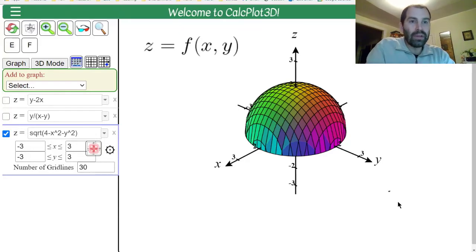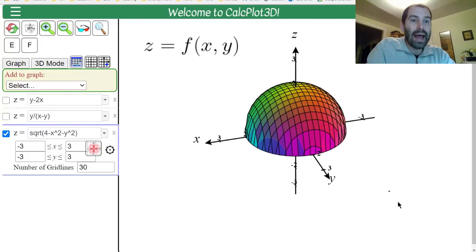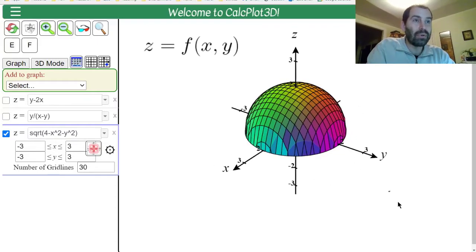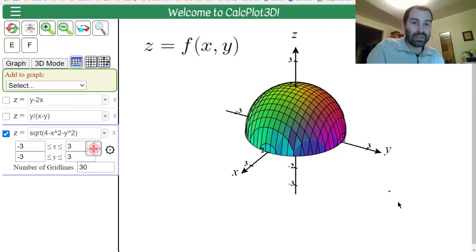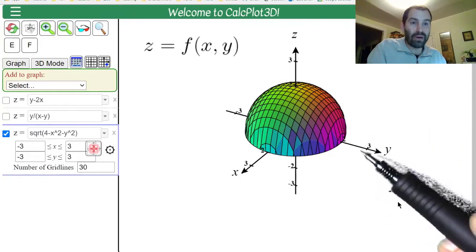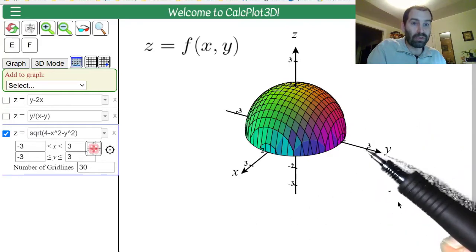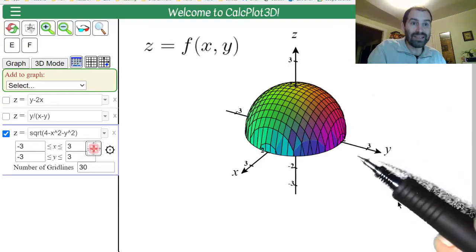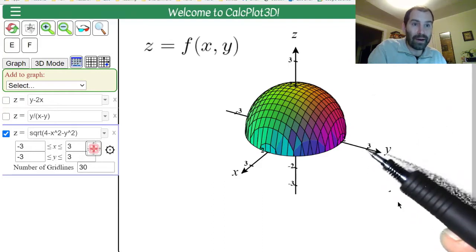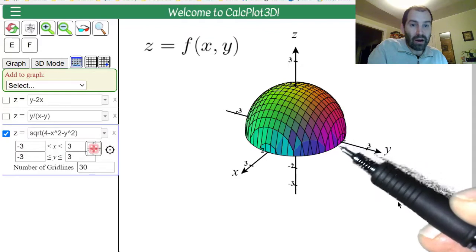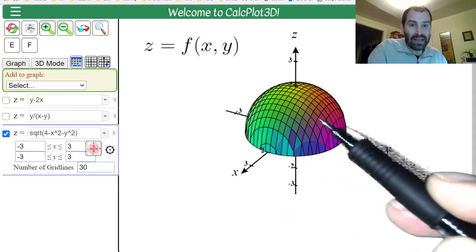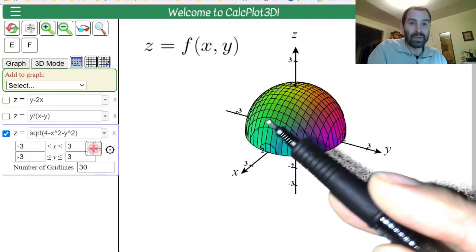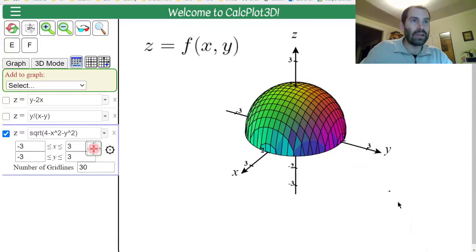One thing you'll notice right off the bat is that not every point in the xy plane has a corresponding piece of the graph above it. For instance, this point over here, 0, 3 in the xy plane, doesn't have a graph above it in the z direction. That's because it's outside of the domain. But points that are in that disk of radius 2 down here do have one. Let me see if I can turn on transparency.